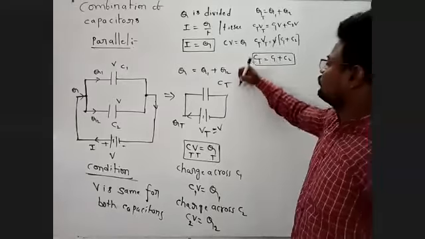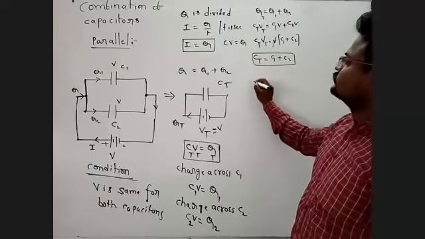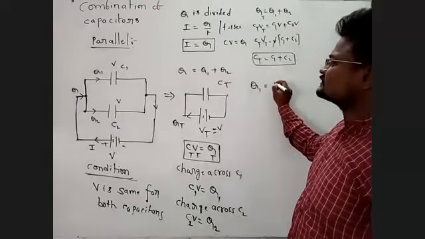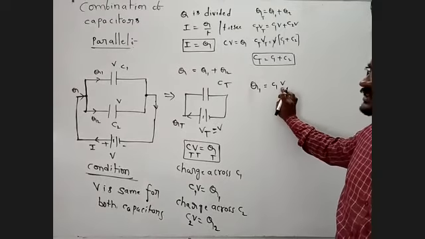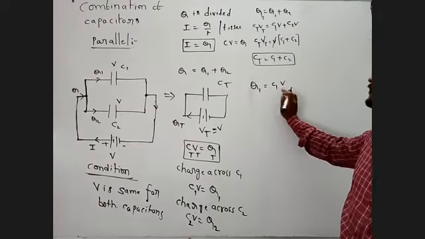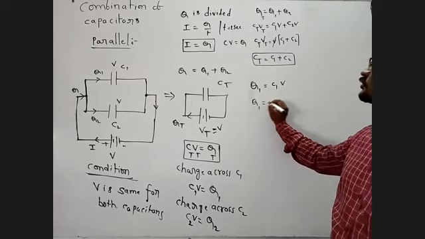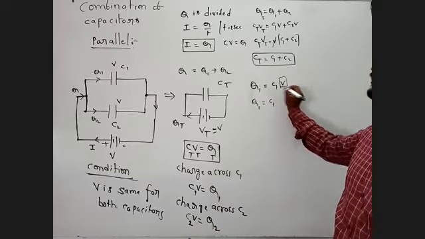Next, the charge across each capacitor. What is Q1? Q1 is equal to C1V, and V is the same for both capacitors. So what is V?